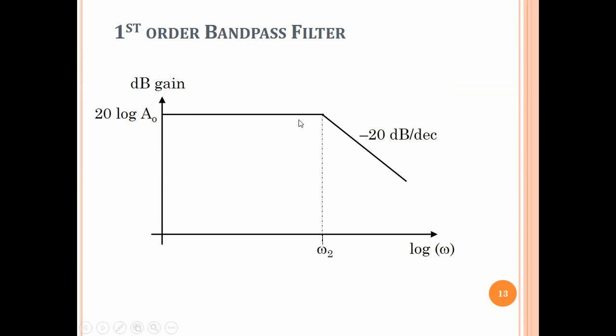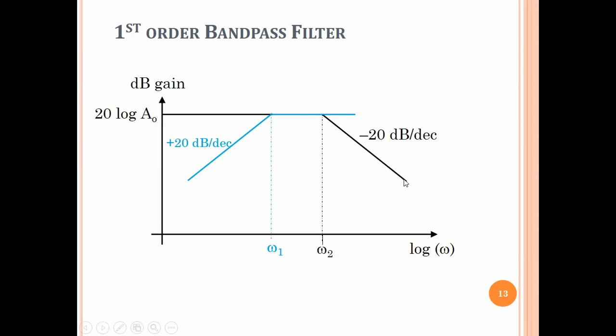So this is a Bode plot of a low pass filter. Now suppose we have a high pass filter that follows this low pass filter. Then the high pass filter will have this blue characteristic, and the combination of the low pass and the high pass will have this blue, then flat, and the black characteristic.